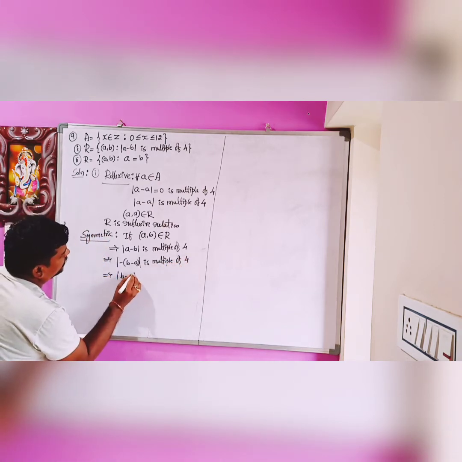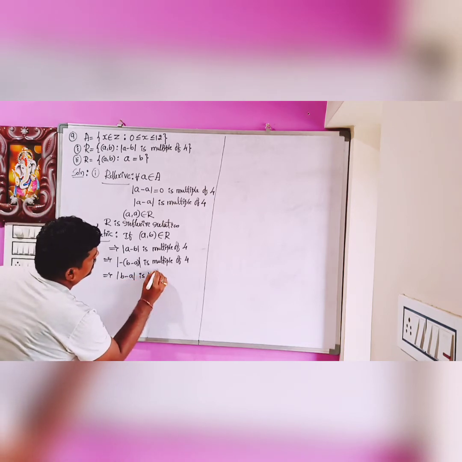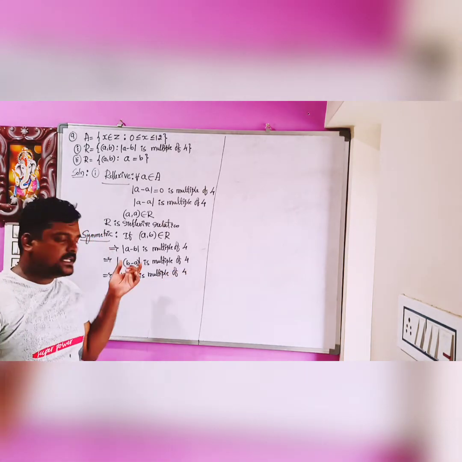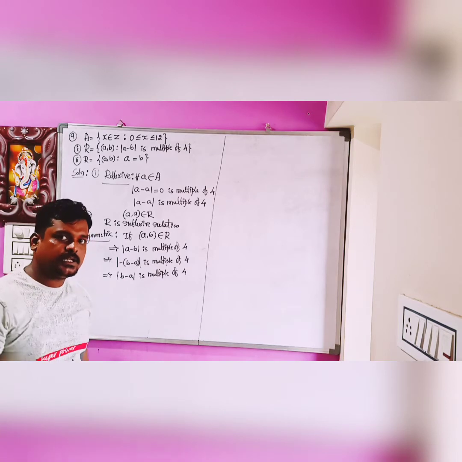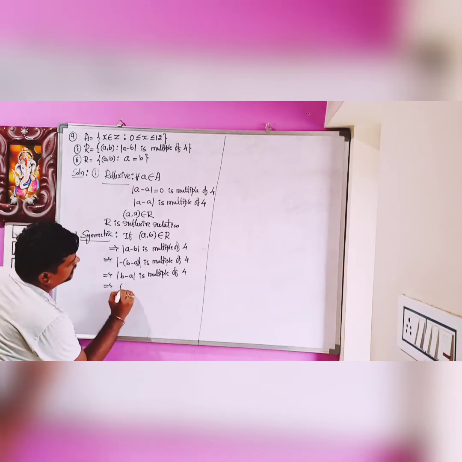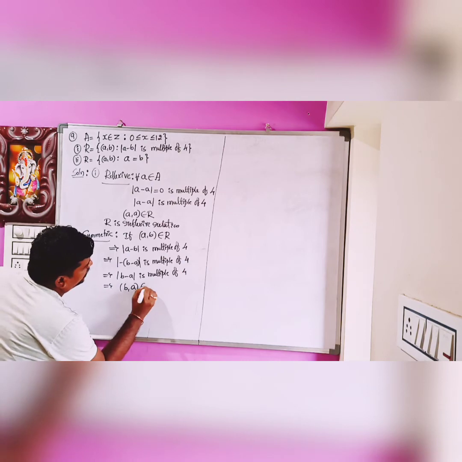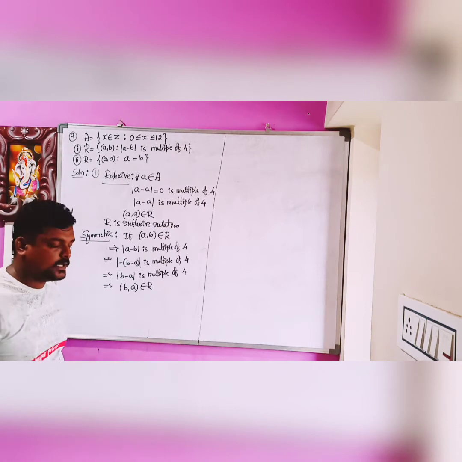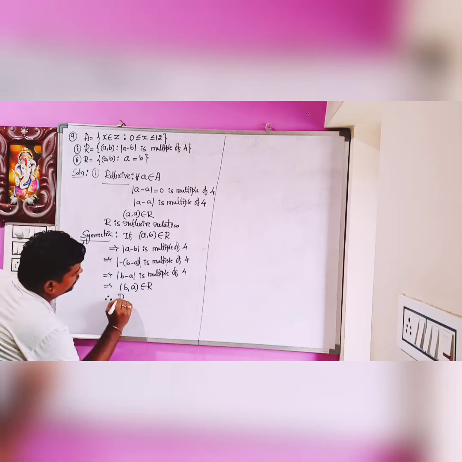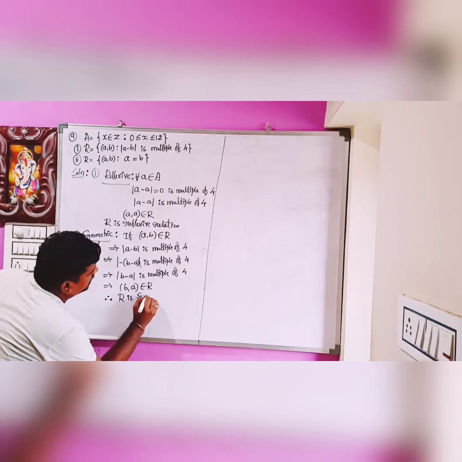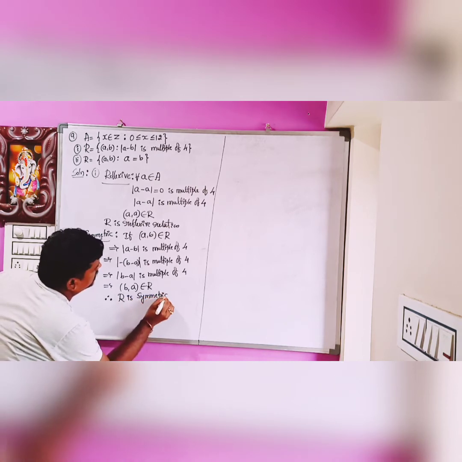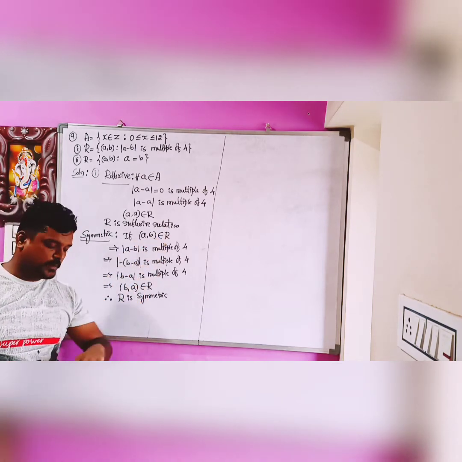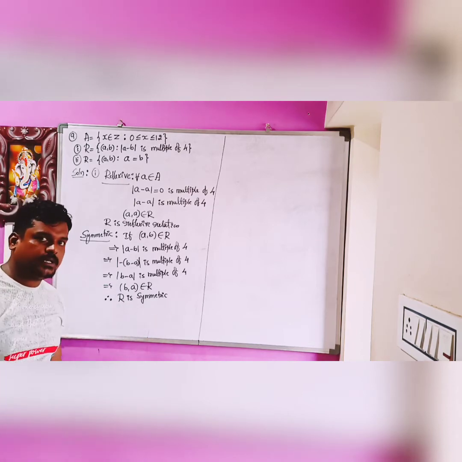Mod(a minus b) is a multiple of 4, mod(b minus a) is also a multiple of 4. Implies (b, a) belongs to R. If (a, b) belongs to R, (b, a) also belongs to R. Therefore, R is symmetric.